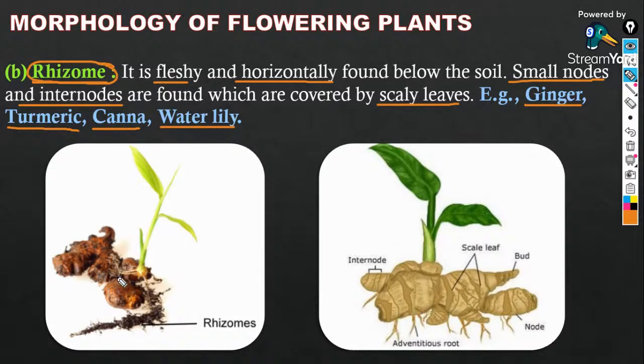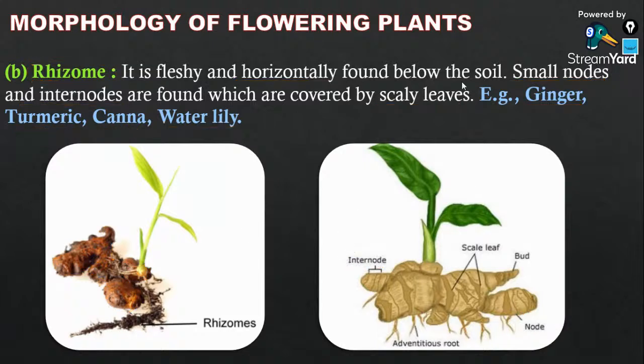Clear? Guys, you might have also seen this irregularly shaped horizontal structure inside the soil. In some of your homes itself, you cultivate this ginger, turmeric and all. Right? It bears nodes and internodes.